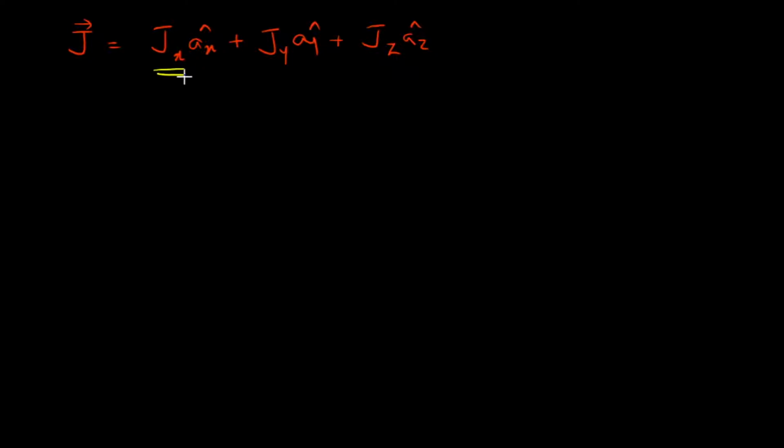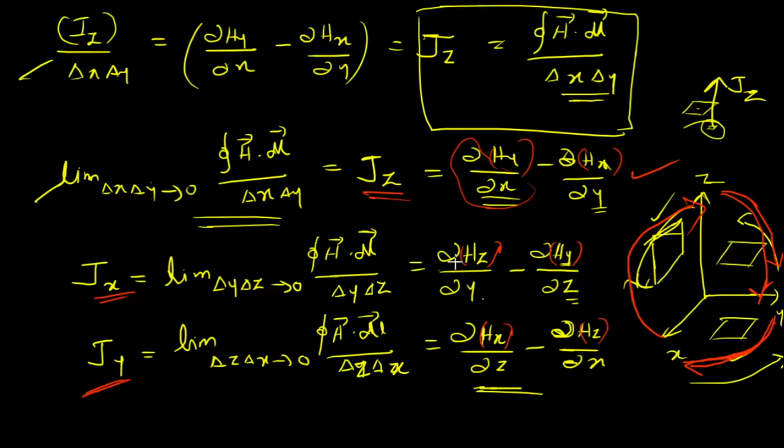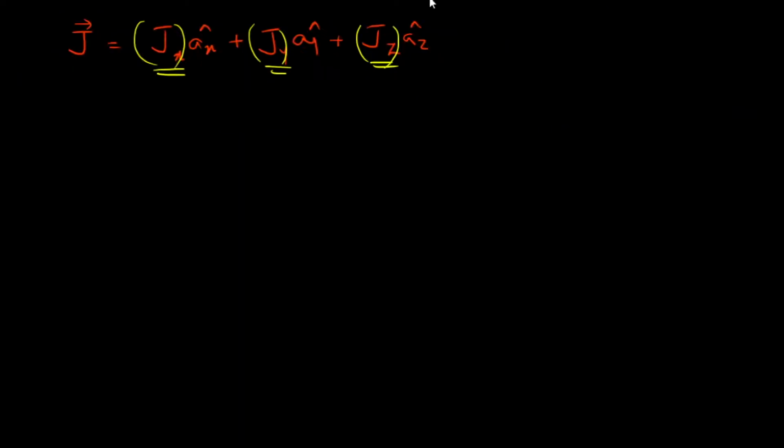Now I have Jx, Jy, Jz with me, so if I substitute the values of Jx, Jy and Jz from the derived equations, I will get the J vector. Nice. So what is that? Jx is this equation, Jy is this equation, and Jz is this equation, right? Let me substitute it there and write my J vector.